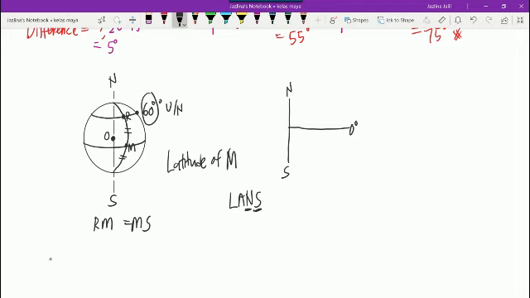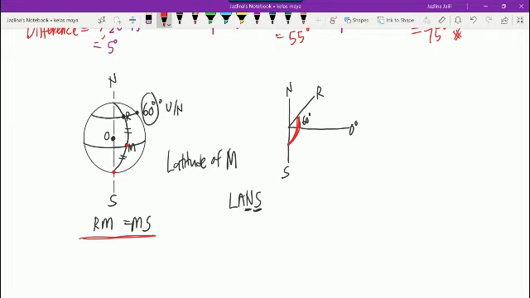Okay, now what you know is R only. Okay, so this R equals to 60 degree, but we don't know M, right? But then it tells you that RM equals to MS. MS means until the south pole, means that from R to S. Okay, it's going to have two parts, two equal parts.